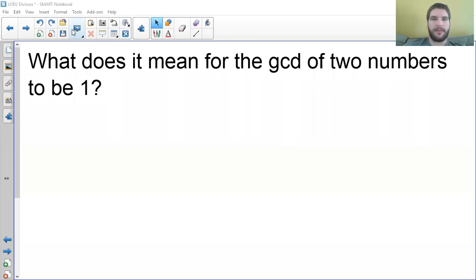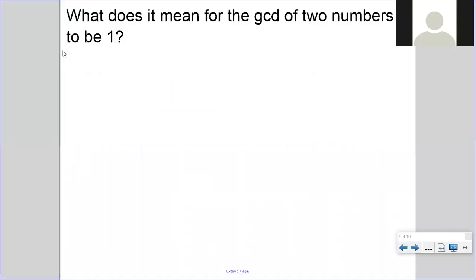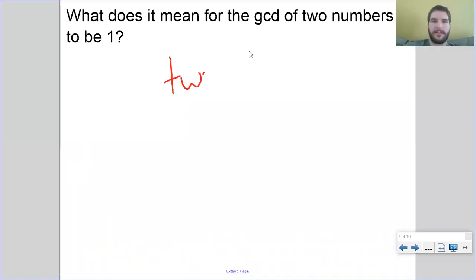What does it mean for 2 numbers to have a GCD of 1? They're relatively prime. I agree. That means 2 numbers are relatively prime.